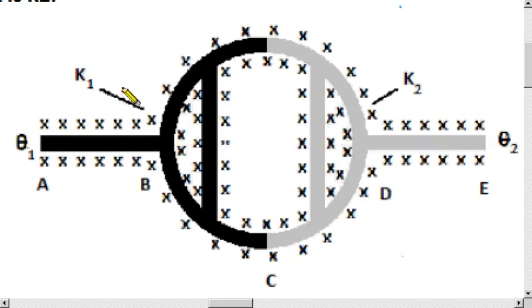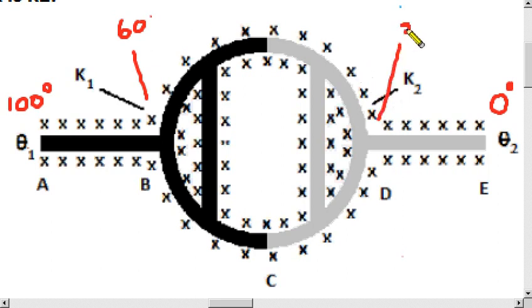So let us first of all suppose the temperatures are like this, as previous. Let us suppose here the temperature is 60 and here the temperature is 30, as previous.